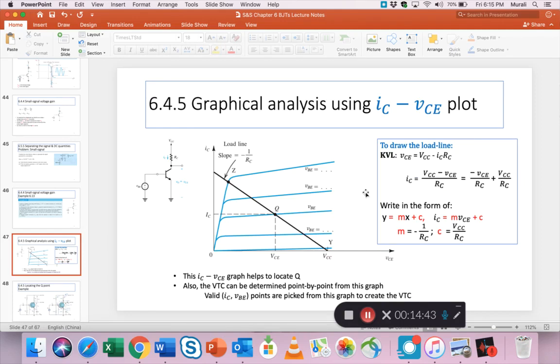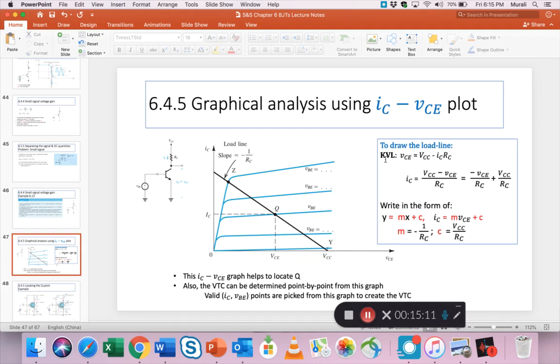And to create the VTC, we have to plot the load line. I know we've been introduced to the load line previously. I think when we were doing diodes I also talked to you about the load line. The load line is just the straight line of the voltage characteristic across this collector resistor.